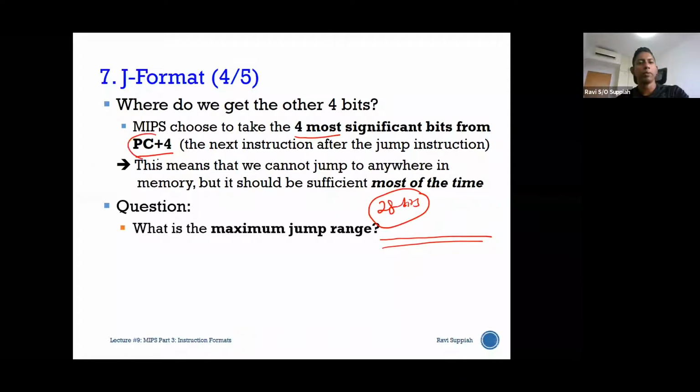If you recall, whenever I fetch an instruction, my PC automatically increments by 4 to point to the next instruction. So I can take that PC plus 4 and pad it with the current 28 bits, and then I'll get my full 32 bits. That gives me the 256 megabyte range. If you do 2 to the power of 28, you will get 256 megabytes.